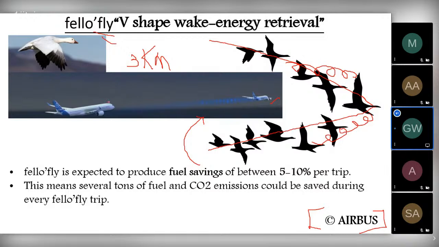When this kind of formation is carried out, 5 to 10% of fuel can be saved per trip, that is, for each trip, just by following an airplane. This kind of technology has advantages such as fuel savings or fuel efficiency, and as less energy is required, the CO2 emissions are also less.